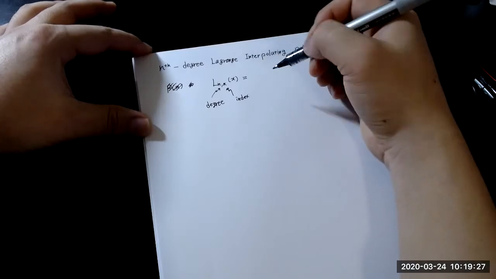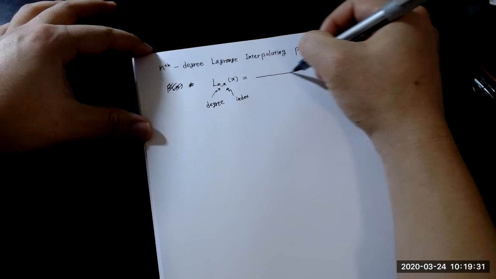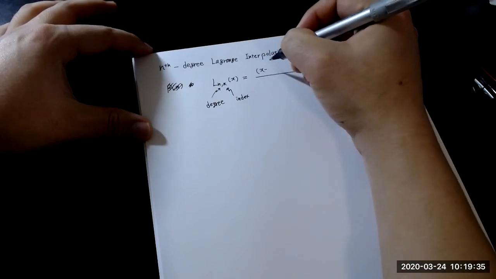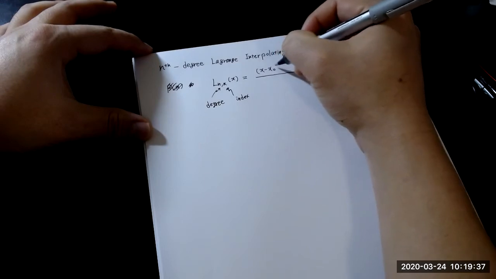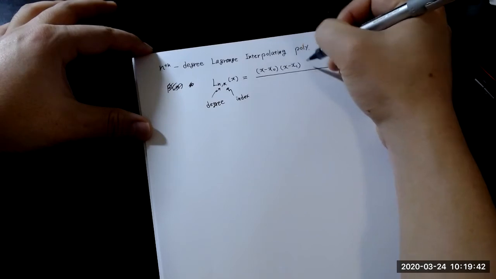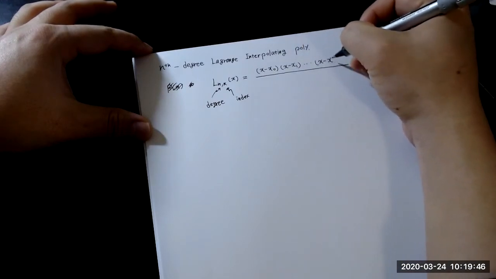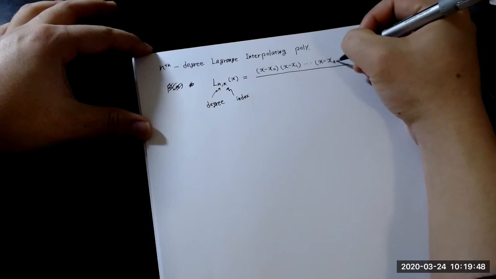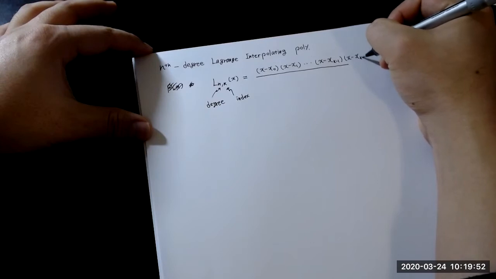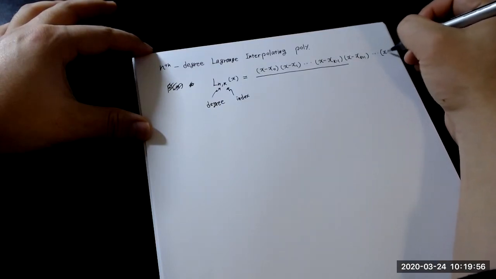Okay, so this is defined by the numerator (x - x0) times (x - x1) through (x - x_{k-1}), and then (x - x_{k+1}) through (x - xn).